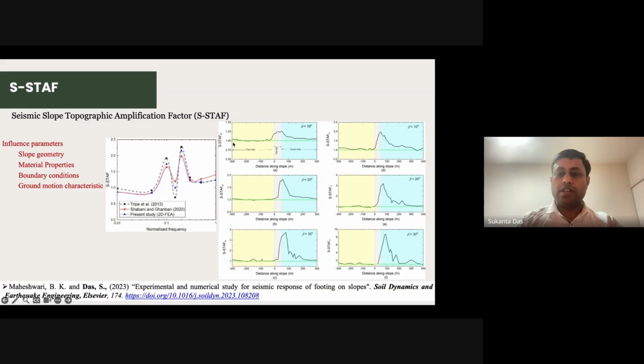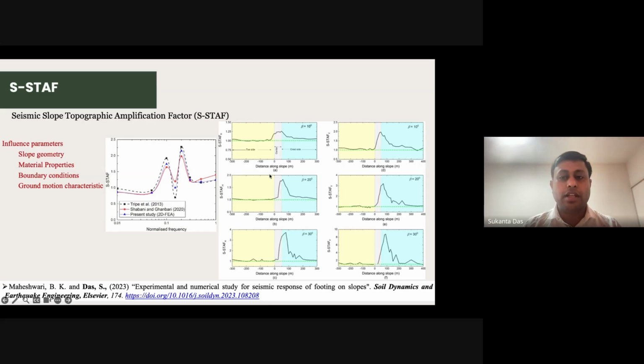Obviously, when you have horizontal ground, there is not much change in the topographic amplification factor. This is the ratio of what we see in the sloping ground divided by the flat ground, just to normalize. Very near the toe, at the slope center and near the crest, we can see the amplification, and then it decreases again, with small changes due to the height difference in the ground.